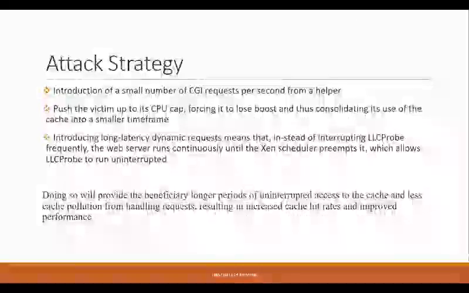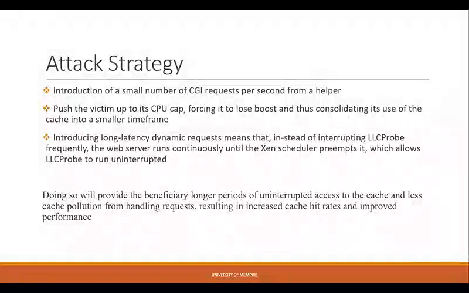So now let's see how the attack will be implemented. The helper will introduce some CGI requests. We say that a CGI request just represents the dynamic content of the web server, and this will push up the CPU of the victim, and this will finally make the web server only able to serve a small number of requests.